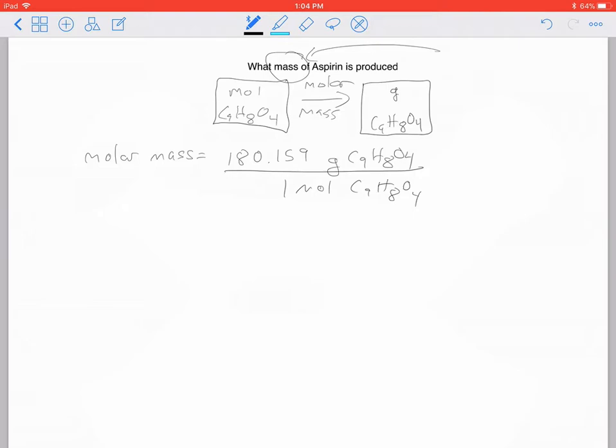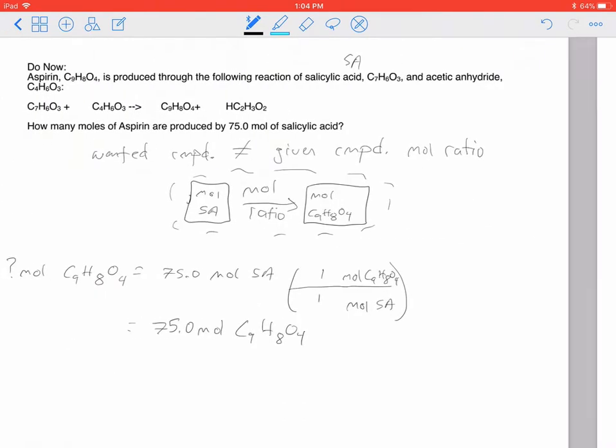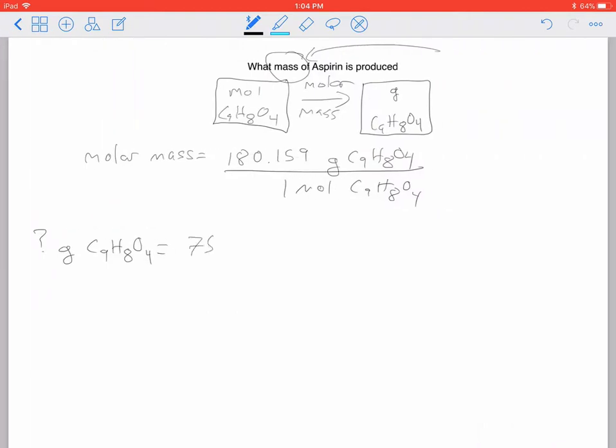So again, this is one step, so I can do question mark grams C9H8O4 equals our answer from before, 75.0 moles C9H8O4. I'm going to put my moles of C9H8O4 on the bottom to make sure they're in the right place.